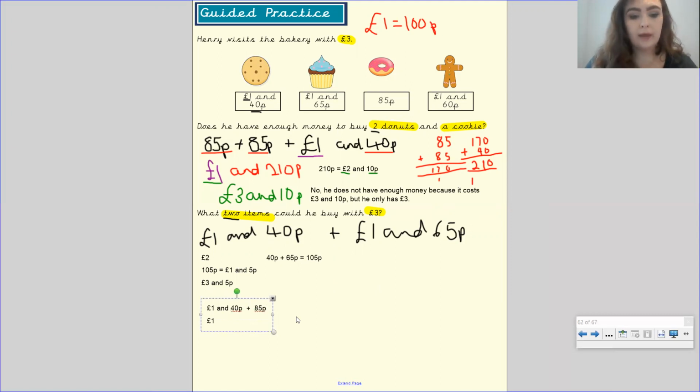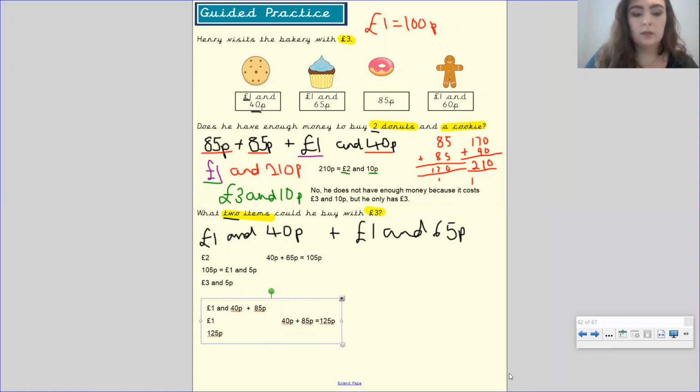So we've only got £1 there. And then we need to do 40 add 85. So pause the video and try to work out 40 add 85. Okay, so 40 pence add 85 pence gives us 125 pence.